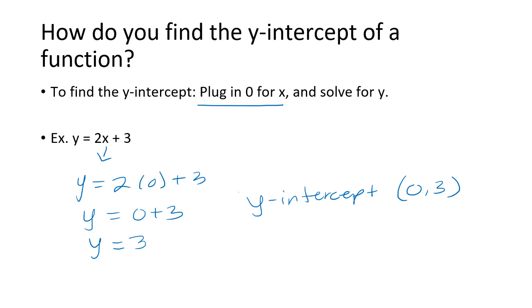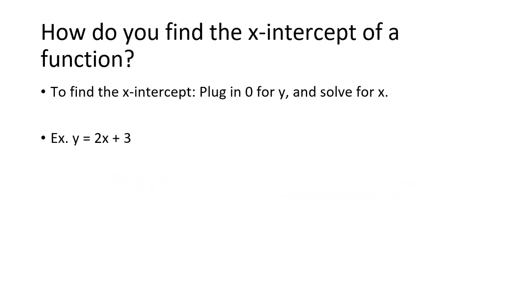Okay. How do you find the x-intercept? Well, for the x-intercept, you're going to plug in 0 for y, and then solve for x. So I'm plugging in 0 for y. I'm going to use inverse operations. I'm going to subtract 3.